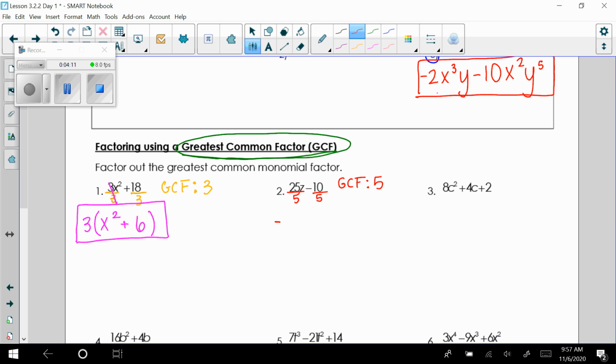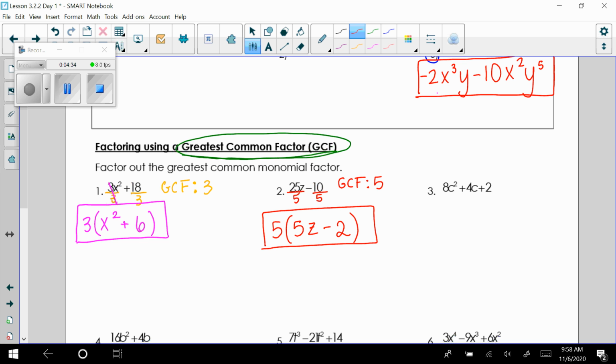So we'll pull a 5 to the outside, and then write what we're left over with once we divide. So 25 divided by 5 leaves us with 5, and then we still have the z, minus 10 divided by 5 leaves us with 2. And then that would be our final answer with our GCF factored out.